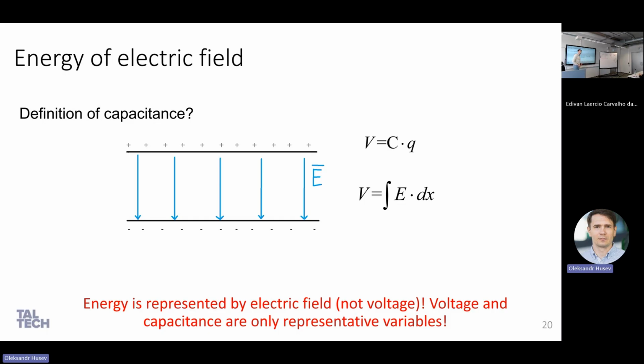Because once again, if I ask you what capacitance is, you have to understand that this is a physical value which shows what voltage drop will be created if you have accumulated a certain amount of charge. So this is just a physical value which finally represents the electric field created by this charge.